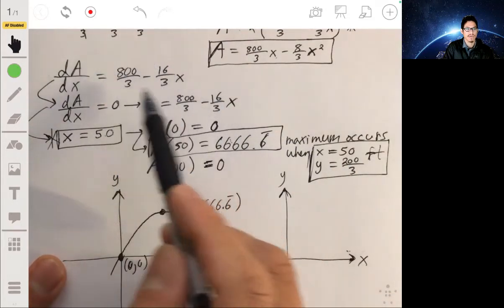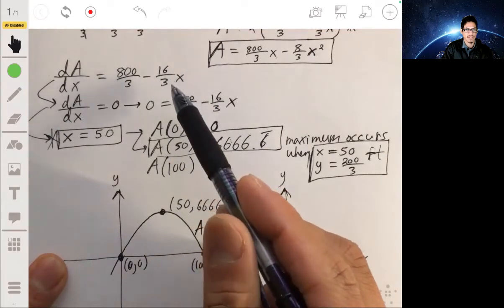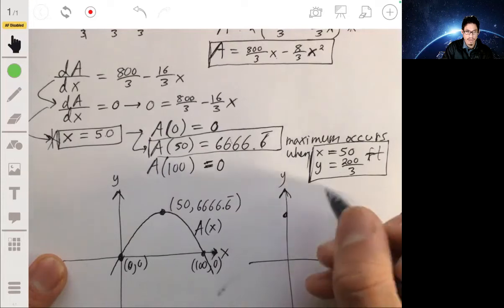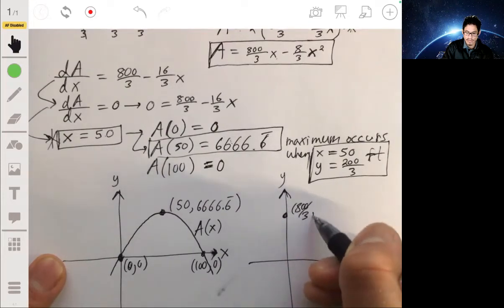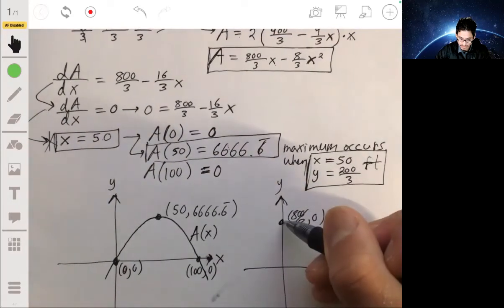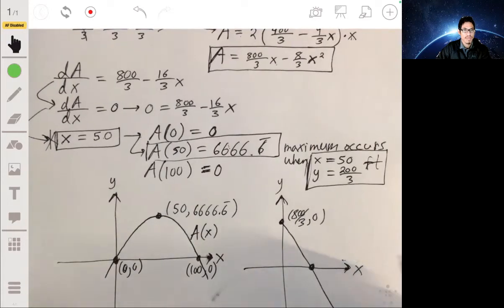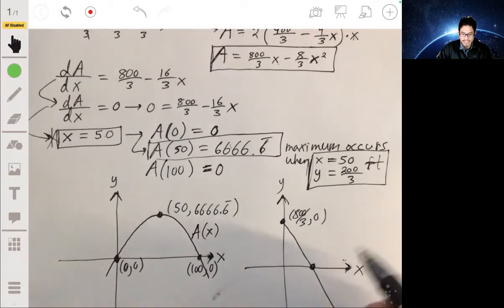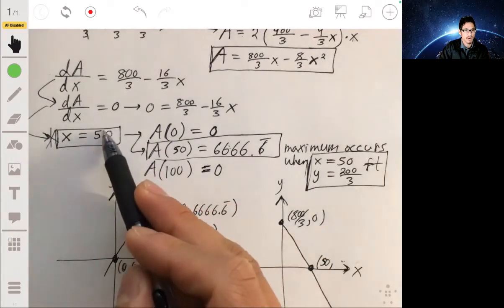This is just the equation of a line with a slope of negative 16 thirds and a y-intercept of 800 over 3, 800 thirds. So the line basically does this thing. It will intersect the x-axis at 50 because that's when the derivative is 0.